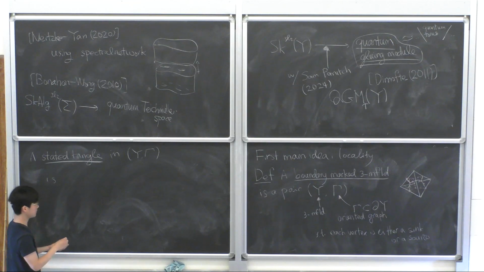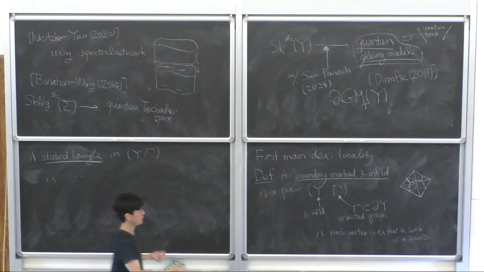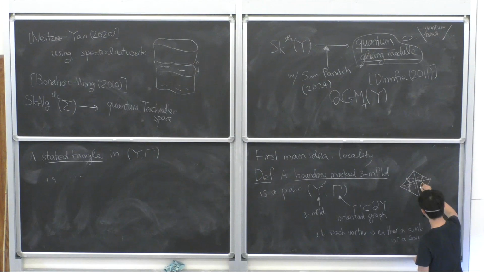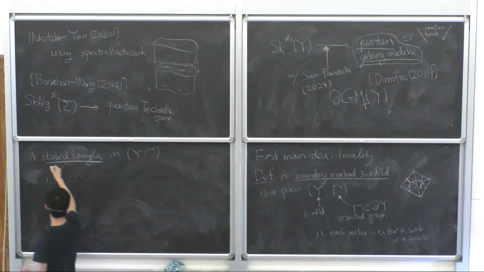A stated tangle is a tangle in this pair where the endpoints end on the marking. Something like this. Oh, sorry, I didn't explain what stated means.